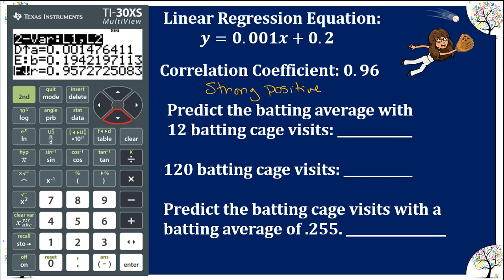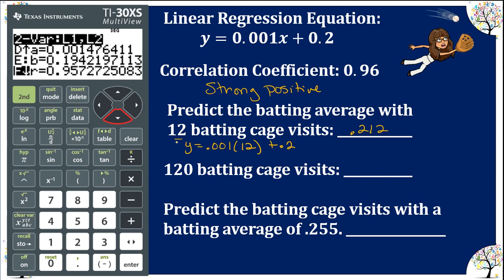So we're going to plug in 12 into our equation here and get out what our batting average would be. So 0.001 times 12 plus 0.2 gives me about 0.212.